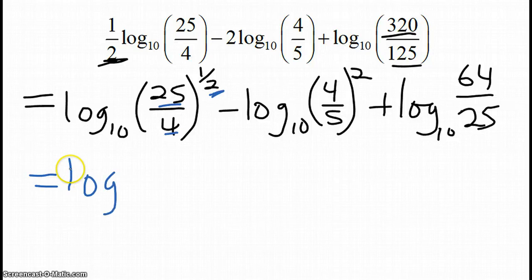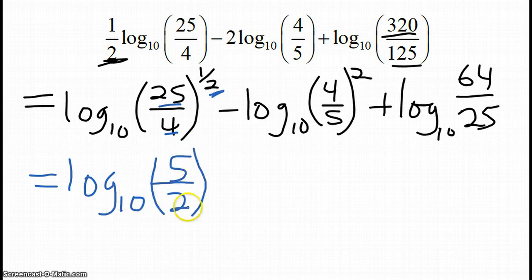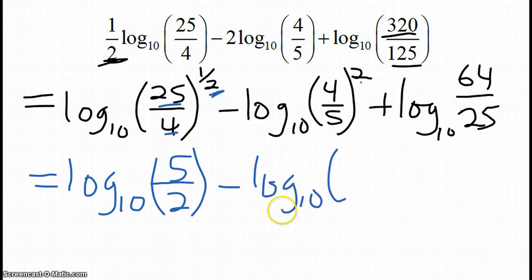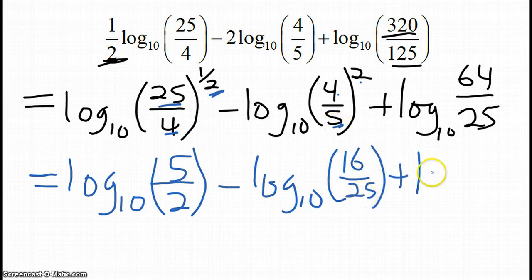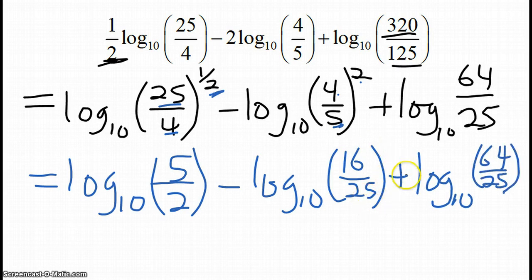And so I can write square root of 25 is 5 and square root of 4 is 2, minus, then the exponent 2 affects 4 and 5 at the same time, so it will give us 16 on 25, then plus log base 10 64 on 25.